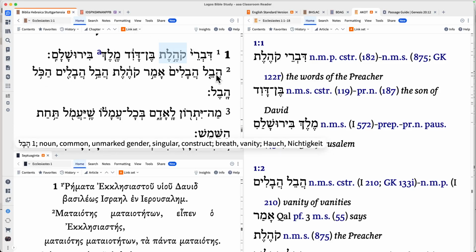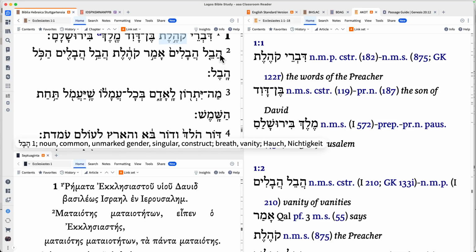But notice here 1:2 Hebel of Hebels, says the Kohelet. Hebel of Hebels, all is Hebel. Well, that's our word.